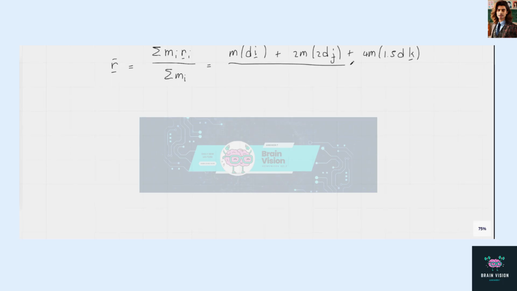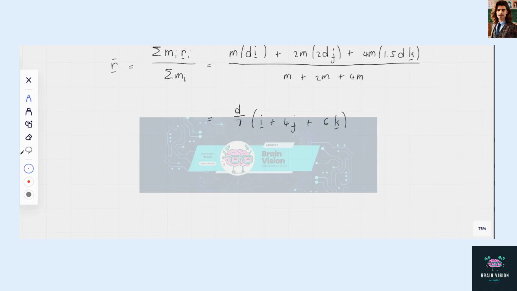All of this divided by the sum of the masses m plus 2m plus 4m. So simplifying, we get this to be d over 7 into unit vector i plus 4 times unit vector j plus 6 times unit vector k. And so that's the position of the mass center of the system of particles.